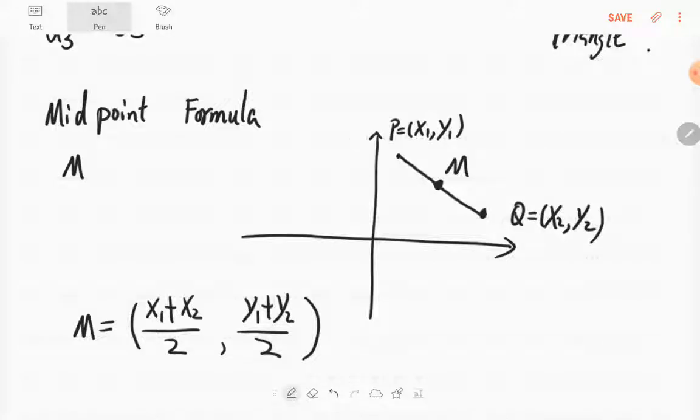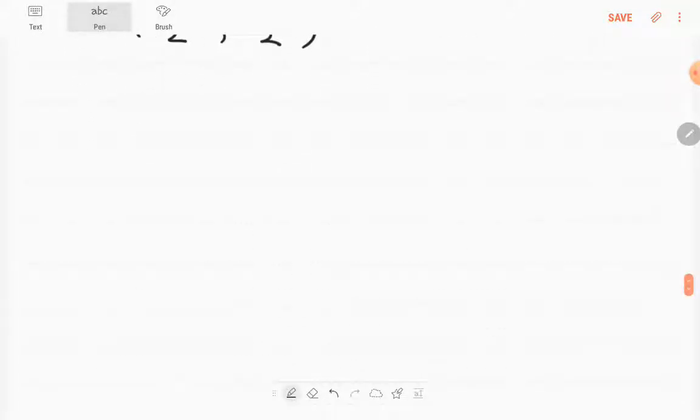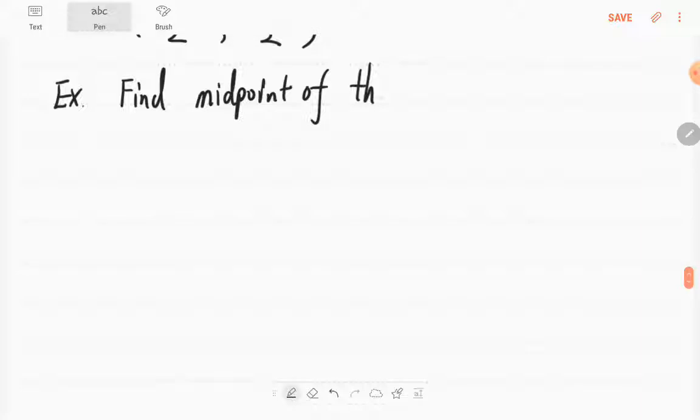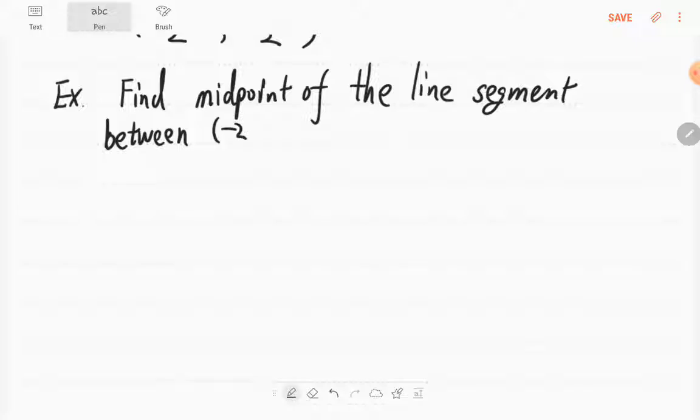Okay, so now let's look at a very simple example. We want to find the midpoint of the line segment between (-2, 8) and (4, -10).